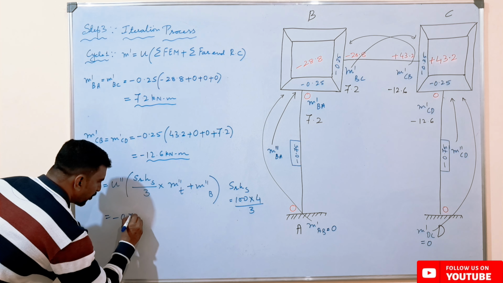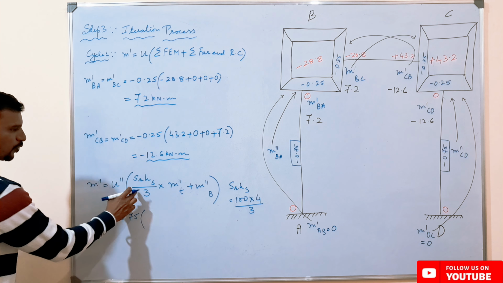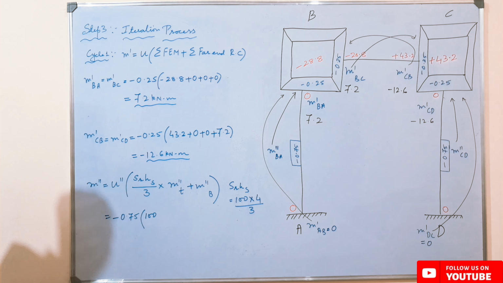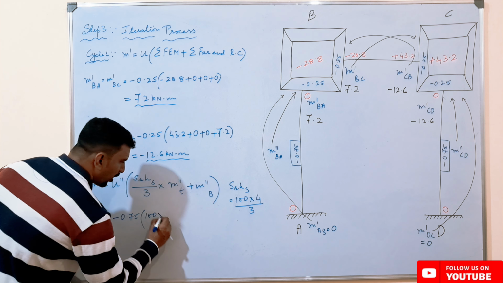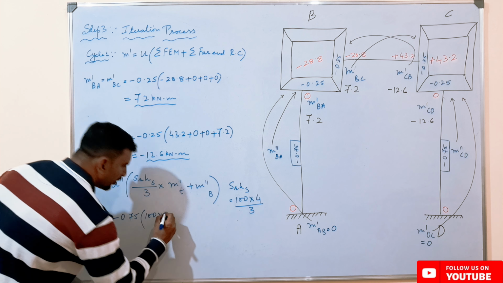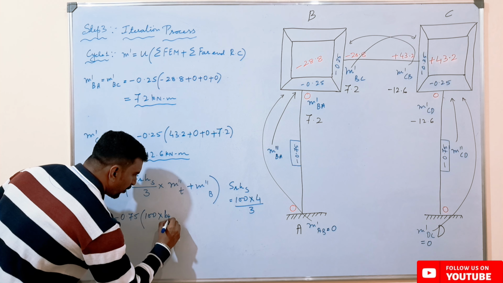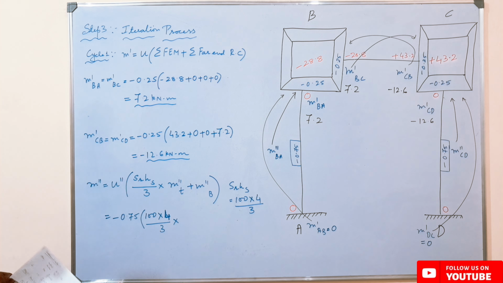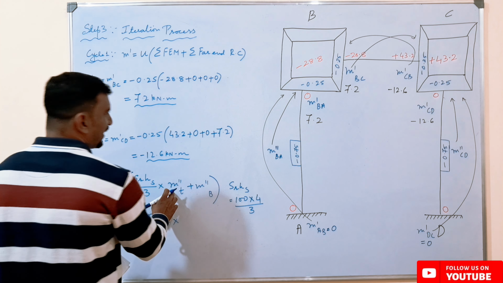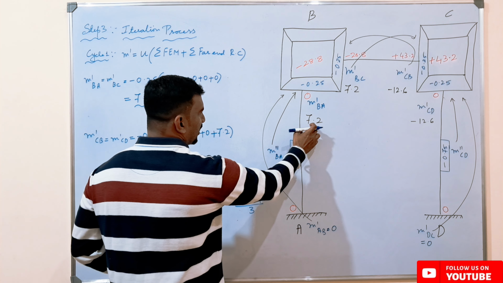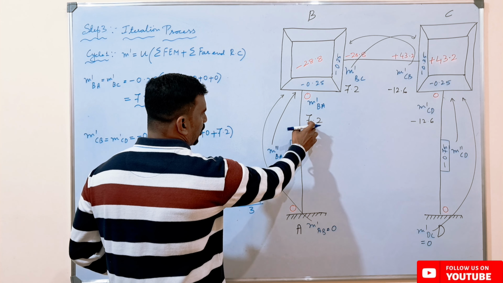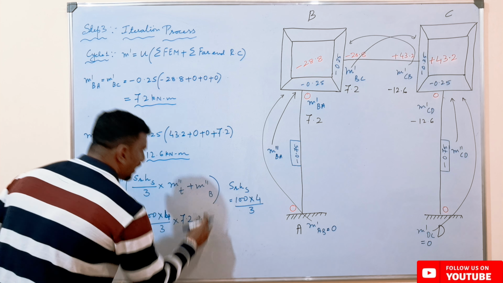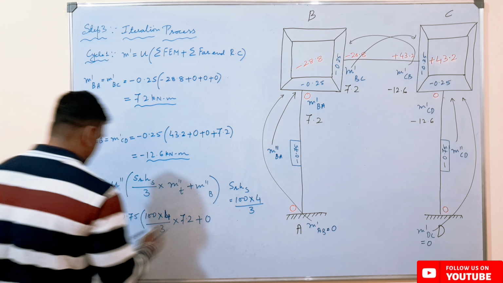If you provide this value over here, the story shear is 100 multiplied by the height of the story, 4 meters divided by 3 into, if we observe M double dash t at the top over here, that is 7.2. So it is 7.2 plus at the bottom it is 0.